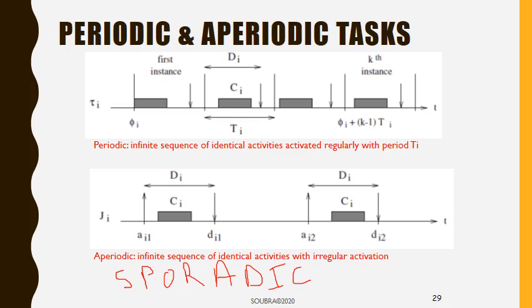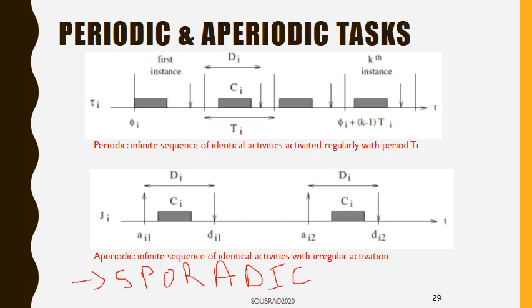So here you can notice that we have activation on a regular basis. Here I don't know when my next activation is because I have no defined deadline, so it's completely random. And those here have the worst or the best, depends how you look at it, of the two worlds.